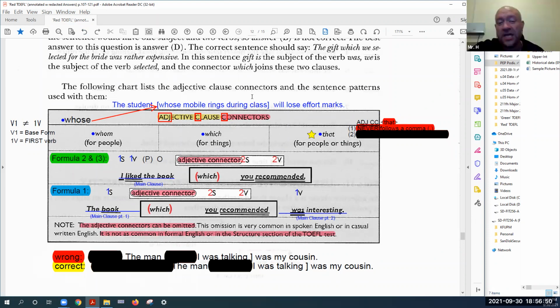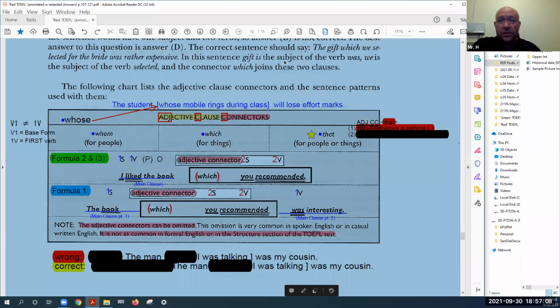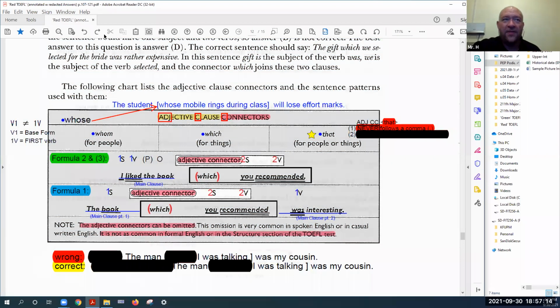When you study in level 04, in Headway unit 8, you will learn about commas, when there's a comma and when there's no comma. You cannot put that connector "that" after a comma, okay? And then there's another rule. Can you read it, please, Assad? Never follows a preposition. Very good.